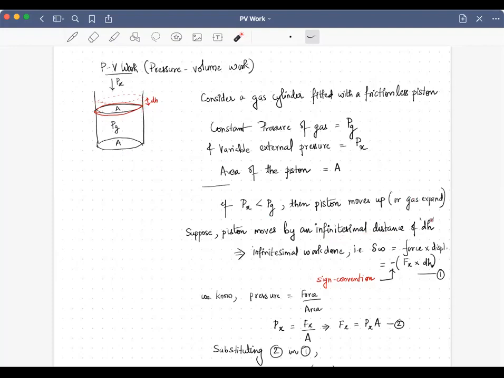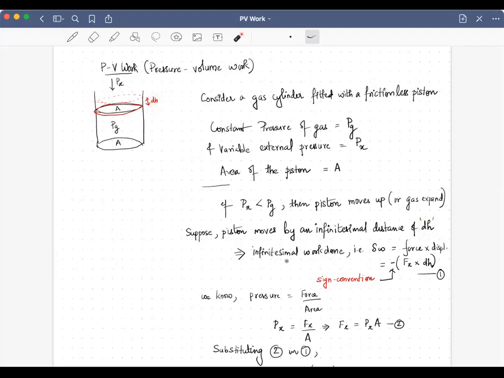Let that be represented by a differential, dh. I told you that during this process the piston is moving in the upward direction, and during this change we consider a very small change. That small change is represented by dh, the small change in height of the movement of the piston.